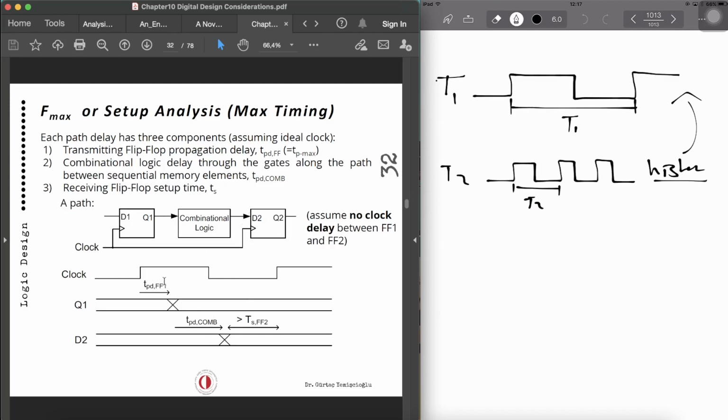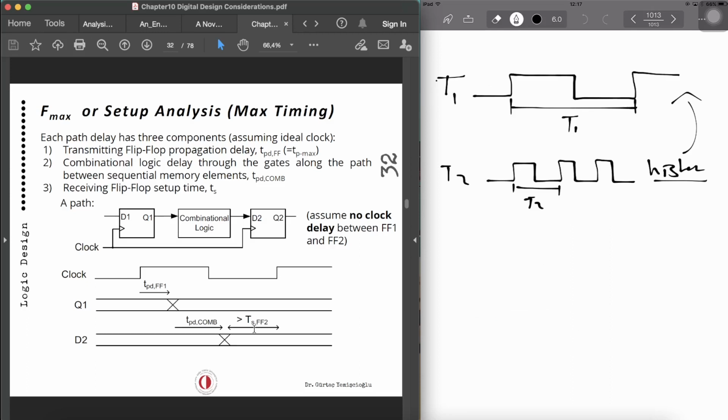The time over here has to be greater than the setup time, so we don't violate it. If the input to a flip-flop doesn't stabilize in time before the rising edge of the second flip-flop, then we have a setup time violation. So we have to be careful over there.